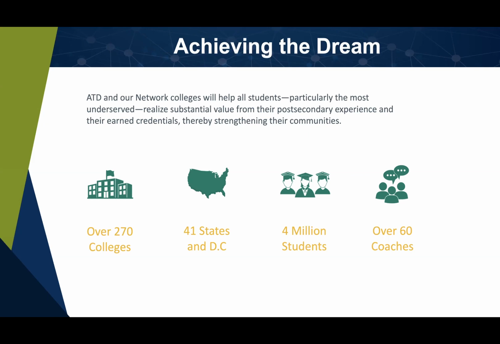So we work with colleges to do a kind of holistic institutional transformation around student supports and coaching and whatever other kind of supports colleges may need to help their students be successful.